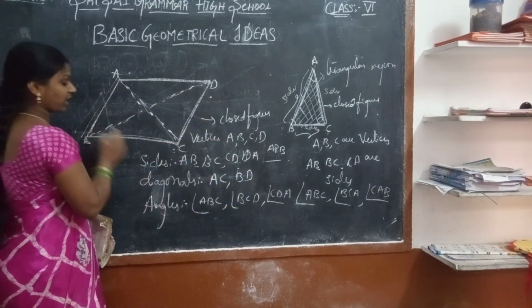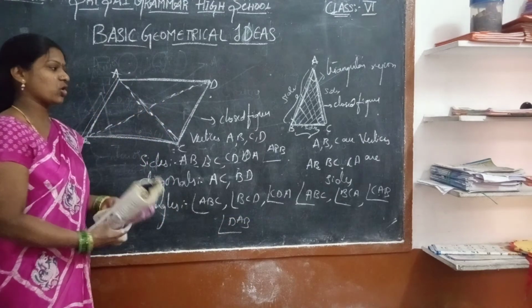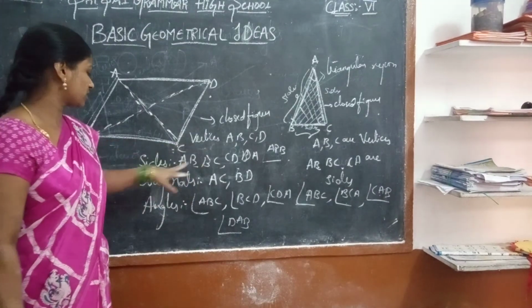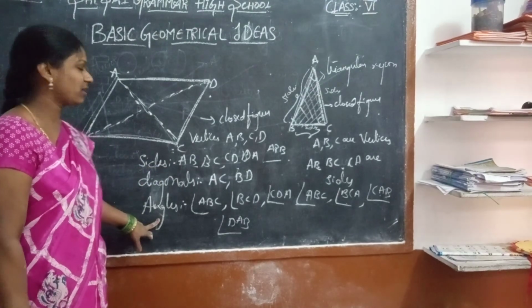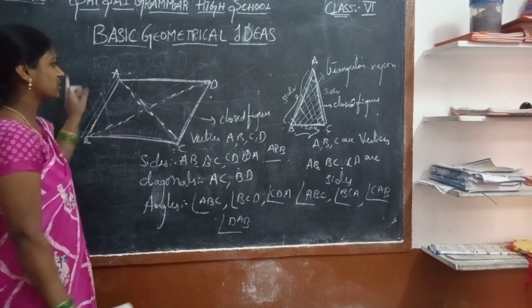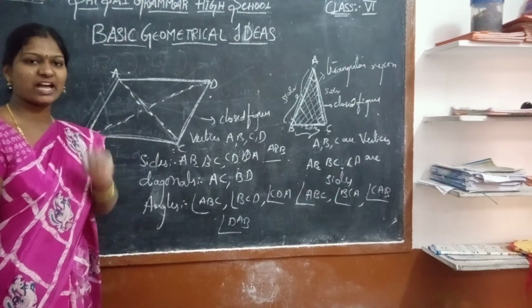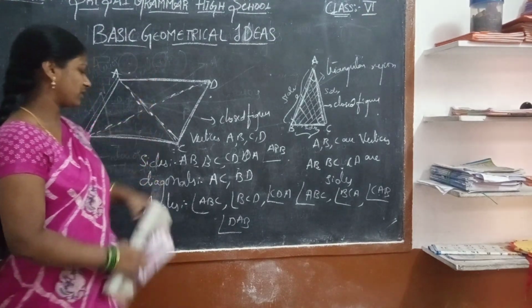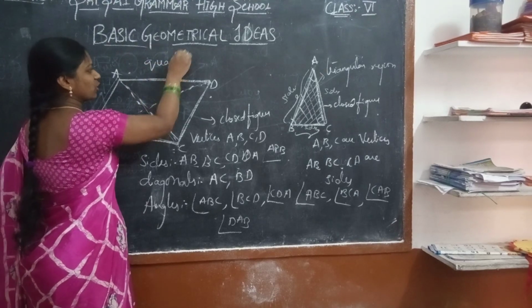Angle DAB is one angle. So totally 4 vertices, 4 sides, 2 diagonals and 4 angles are present in a quadrilateral. It is also called a closed figure.